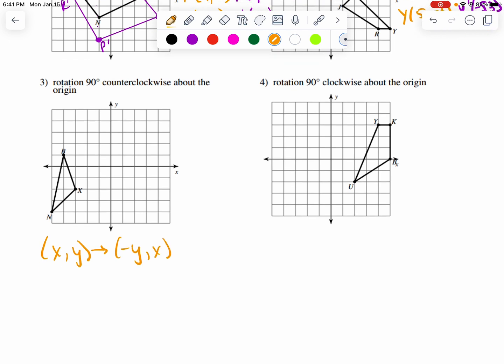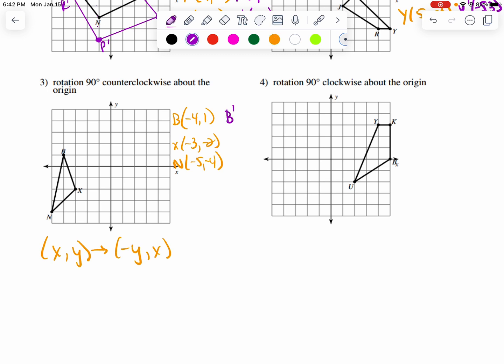Okay, so looking at this, B is 1, 2, 3, 4. So negative 4, positive 1. X is negative 3, negative 2. And N, 1, 2, 3, 4. Negative 5, 1, 2, 3, 4. Negative 5, negative 4.